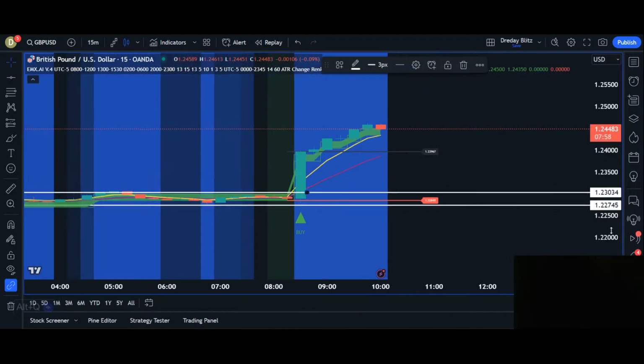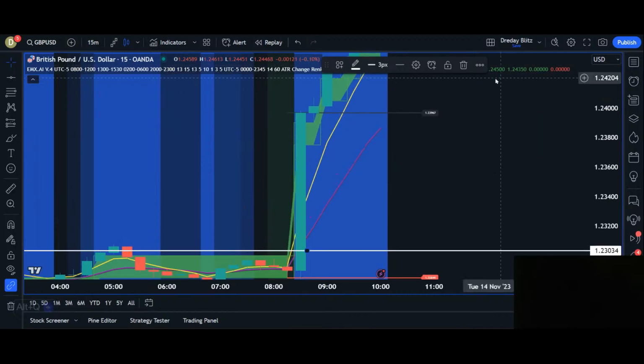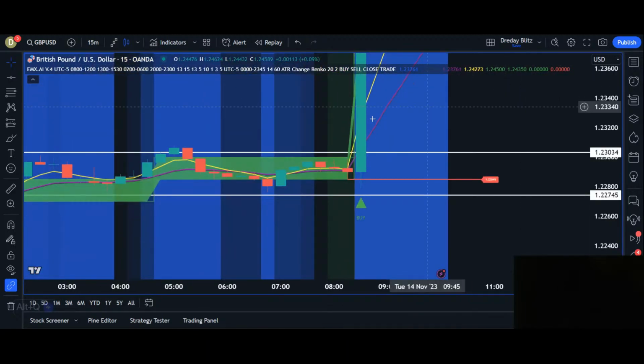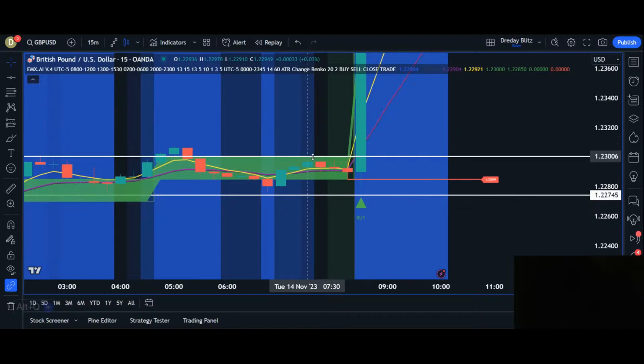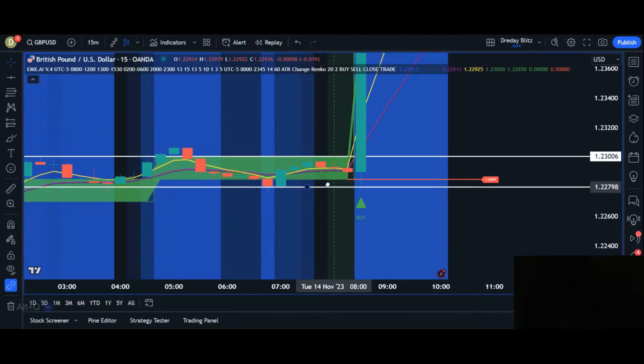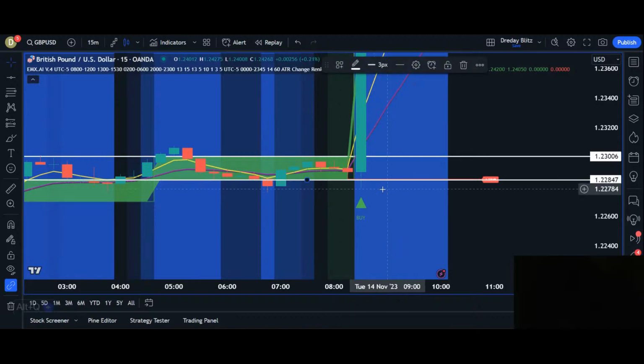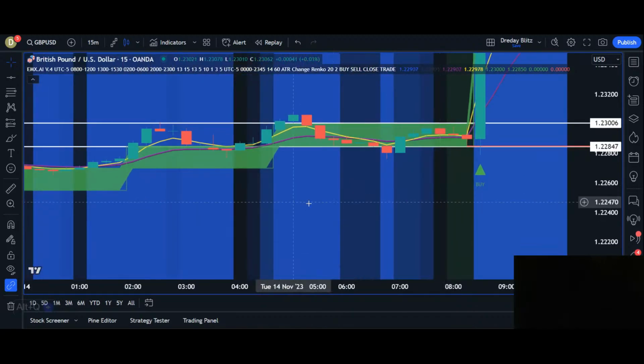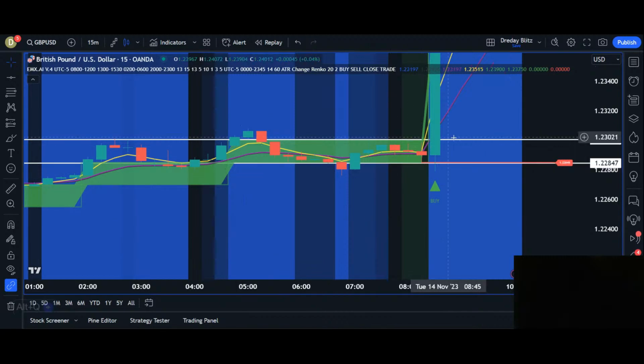So let's zoom that. Perfect. So we make sure that you put your line here and another line here. Based off of that signal, my stop loss will be on the previous Renko. So right now the price went here, right? So my previous Renko will be here, and that will be the top of the Renko.